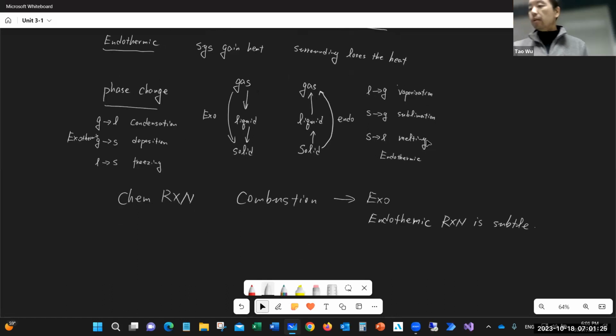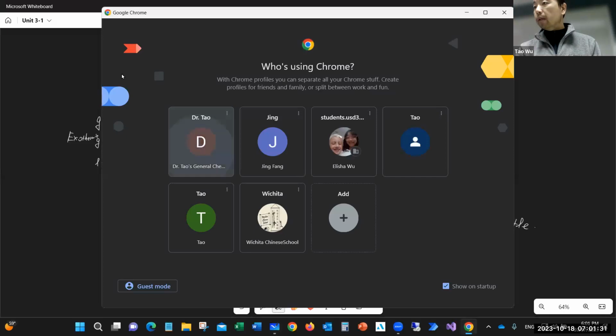So let's look at one of the endothermic reactions.